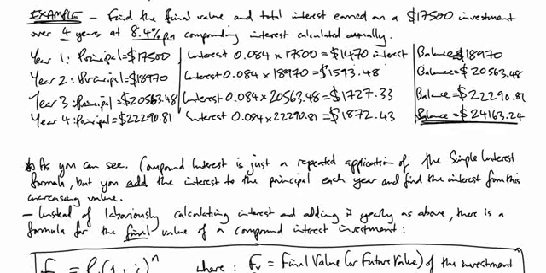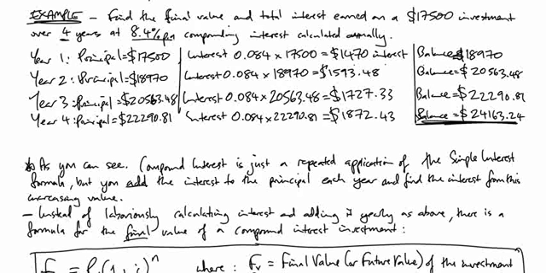This is the final value, the balance at the end of year 4. Total interest earned, that's a tricky one. So the interest is the extra on top of what you started off with. If you ended up with $24,163.24, but you started with $17,500, then the interest is the difference between the two.